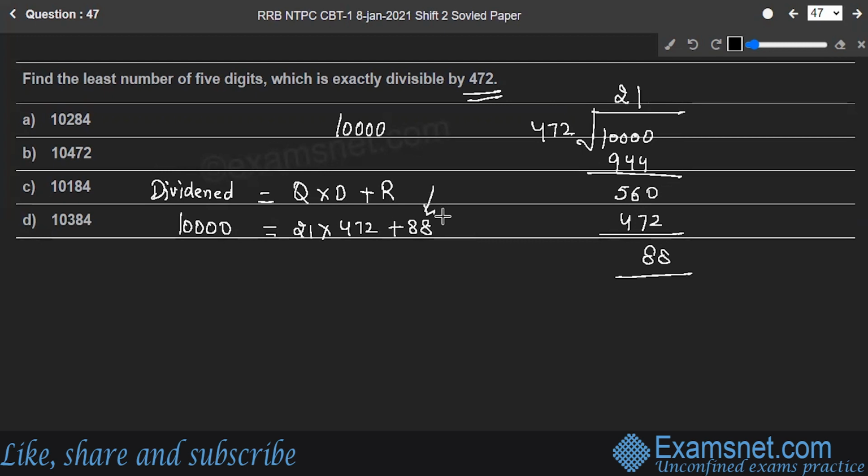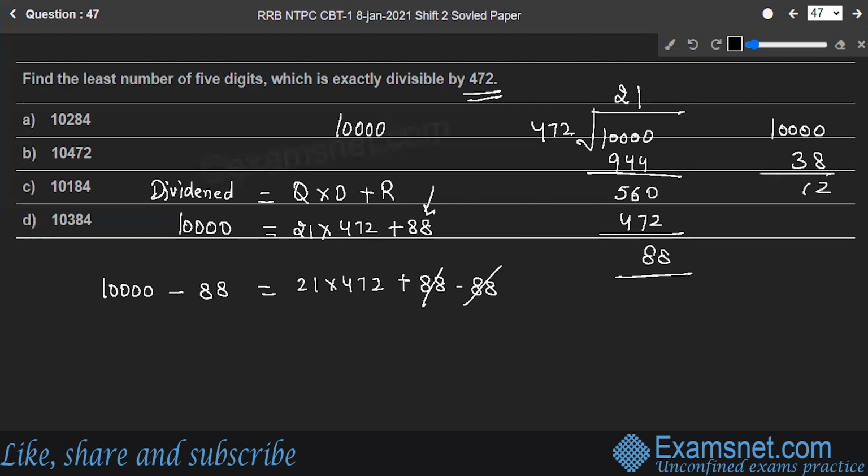I want to get rid of this remainder. So what will I do? Minus 88 on both the sides. So this will give me 9,912 is equal to 21 multiplied by 472. But this is a 4-digit number. I wanted the smallest 5-digit number.